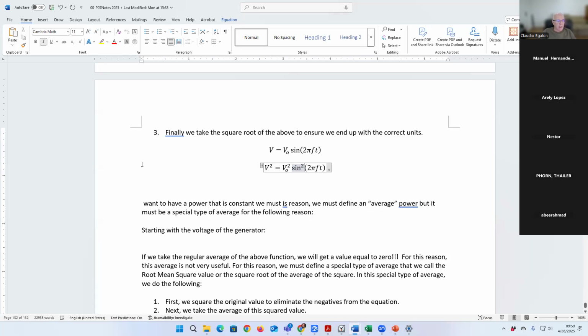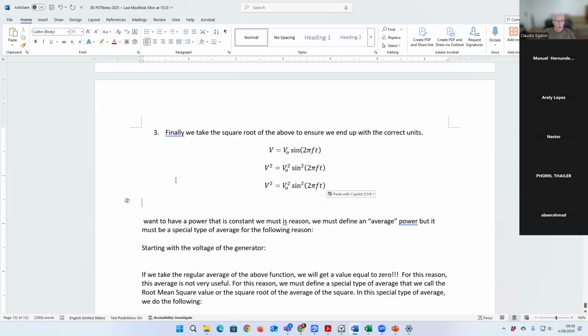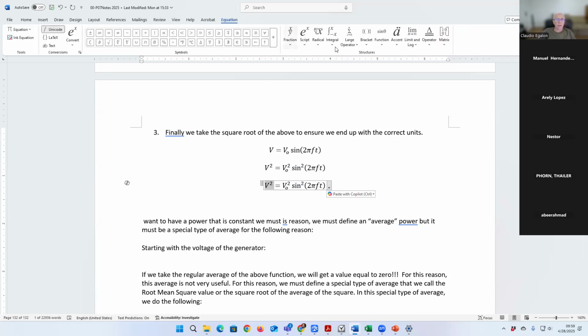Then we take the average of the square of this function.